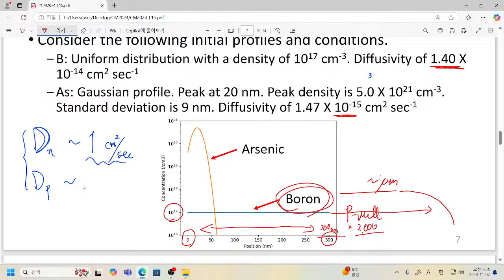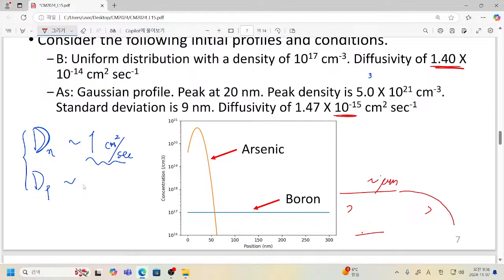And usually this boron is predefined by fabrication of a p-well. After that, you perform the ion implantation of your arsenic atoms. So in order to fabricate your p-n junction, what will happen?